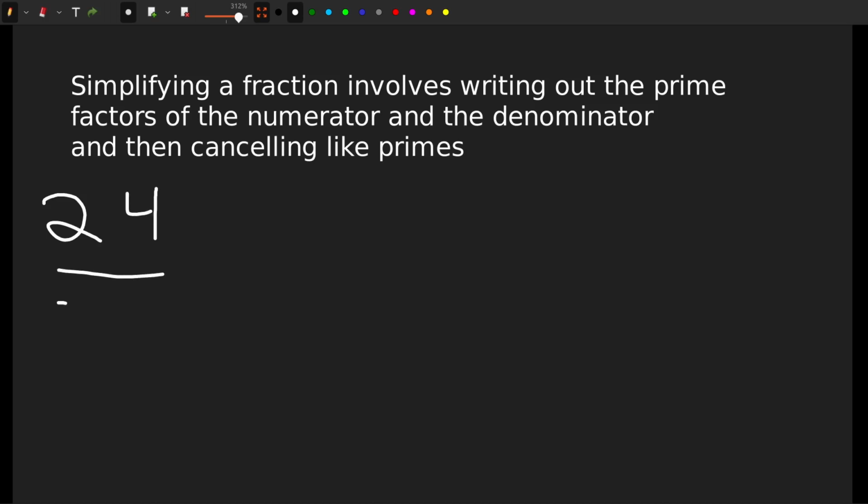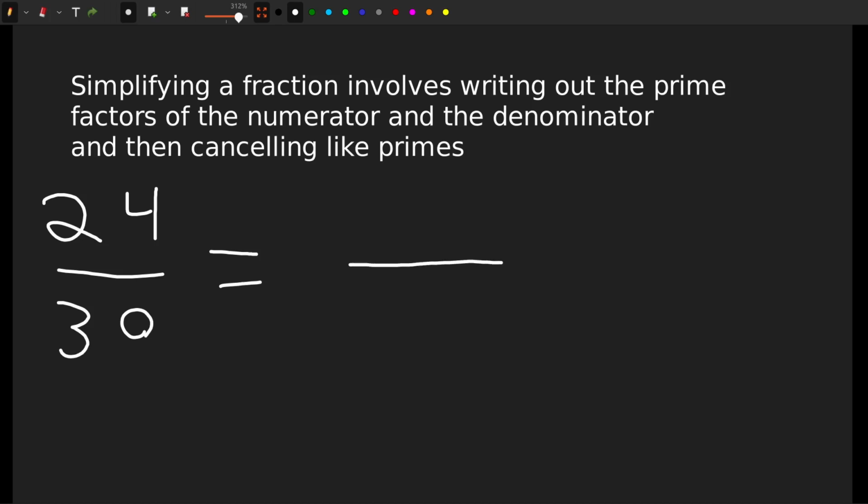24 over 30. And we know from our previous video that we can find prime factors. And so the prime factorization of 24, we know there's 4 times 6. 4 has 2 and 2, and 6 has 2 and 3. If you're confused about that, you can watch my previous video on prime factorization.